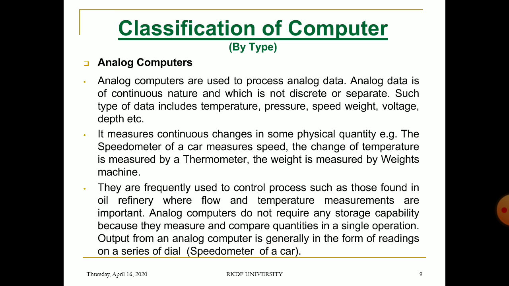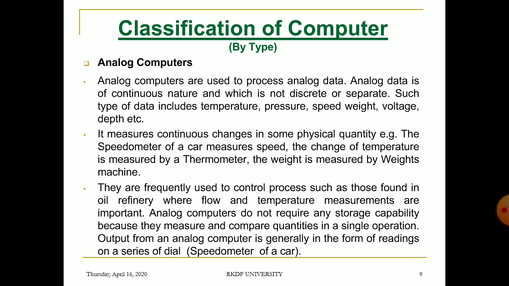Analog computers are the first computer being developed and provided the basis for the development of modern digital computers. These are widely used for certain specialized engineering and scientific applications for calculation and measurement of analog quantities. They are frequently used in oil refinery where flow and temperature measurements are important.